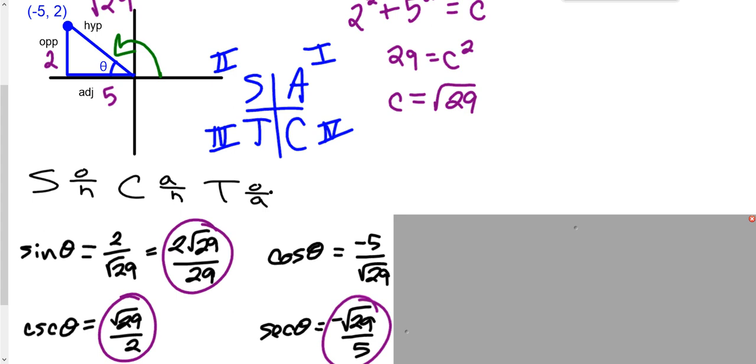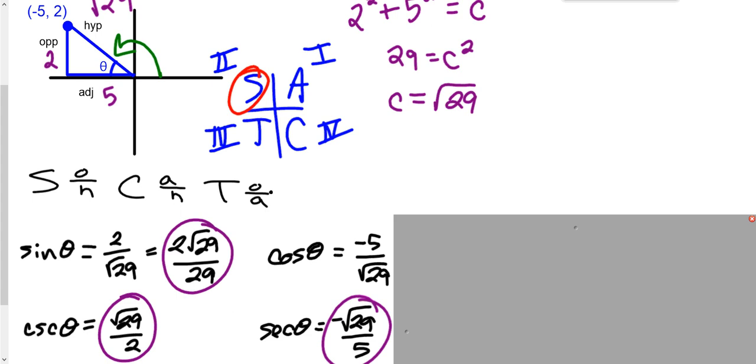Well, this problem that we're dealing with, negative 5, 2, that point brings us into the second quadrant. And in the second quadrant, only sine is positive, which means that cosine would have to be negative. So that's why I wrote negative 5 over rad 29. And the reciprocal function will also be negative because it's just the reciprocal of it. You don't change the value from positive to negative if you're finding the reciprocal. You just flip it.